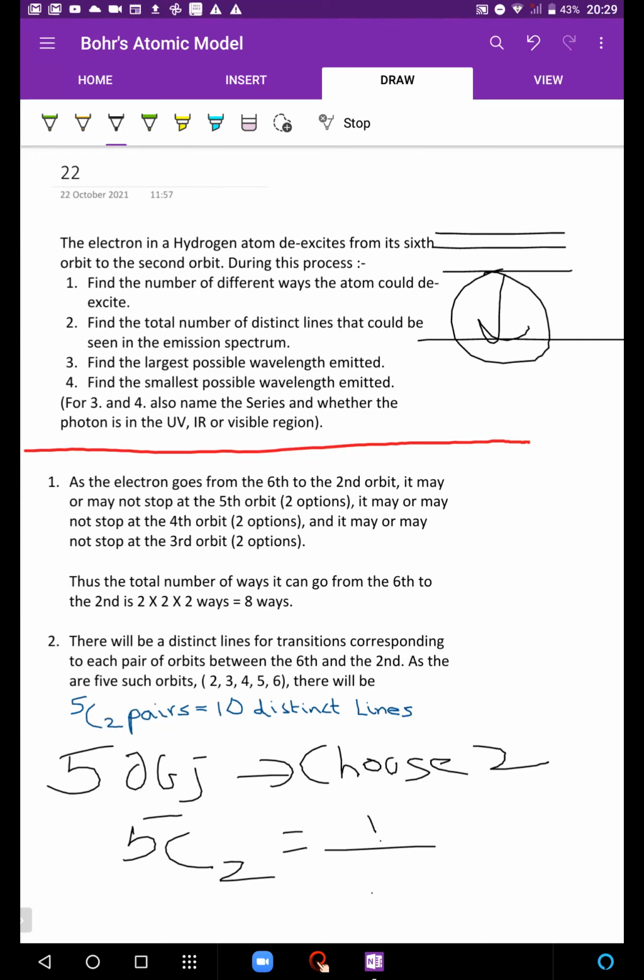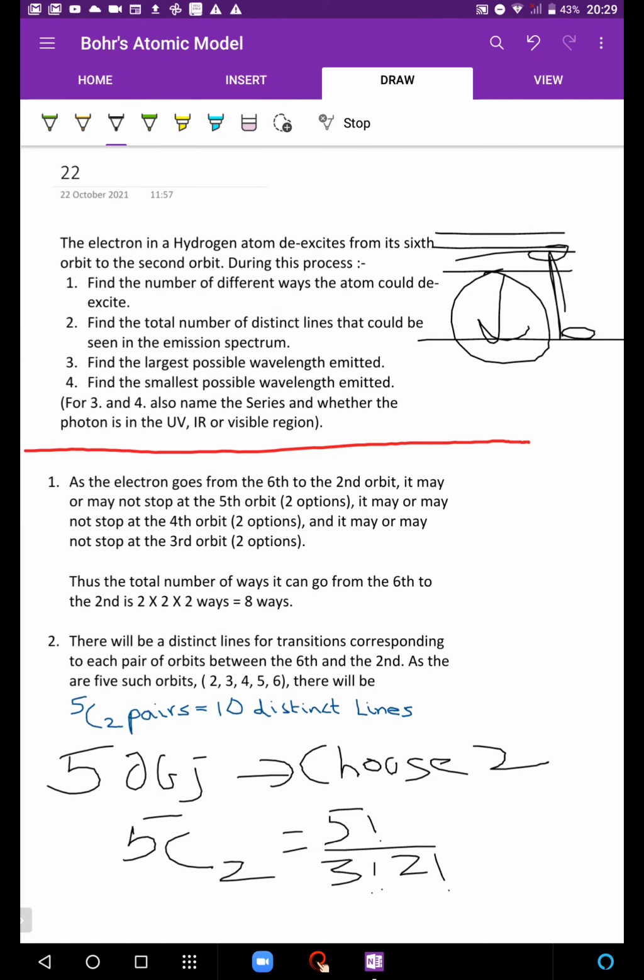To get the total number of pairs, out of the 5 orbits, I have to pick 2. Whenever I pick any 2 orbits, they form a pair amongst themselves and they'll have a unique photon that they'll emit for that transition. So how many sets of 2 are there? 5C2, which is 5 factorial by 2 factorial by 3 factorial. 5 into 4, the 3 factorial cancels, divided by 2, comes out to be 10.